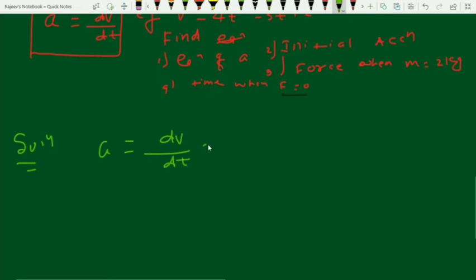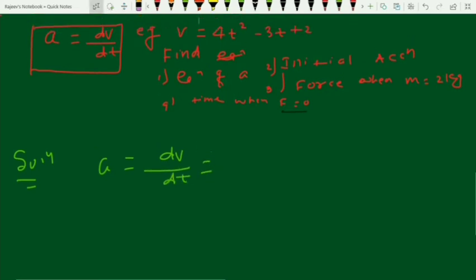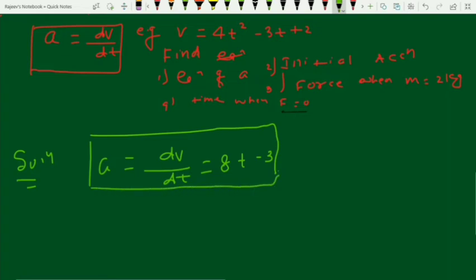If you find dv by dt, this is 4t square, so if it's differentiation, then this is very easy. So this will be 8t minus 3, because the constant is 0. This is basically the equation of acceleration, right?